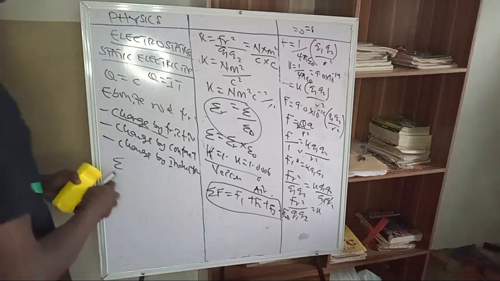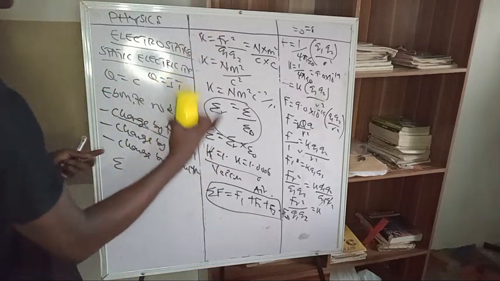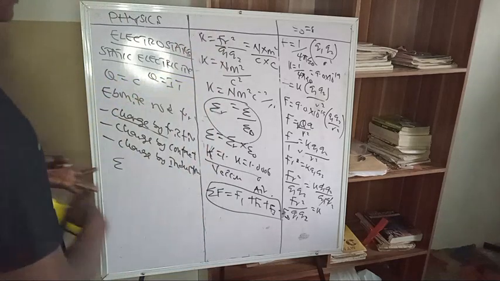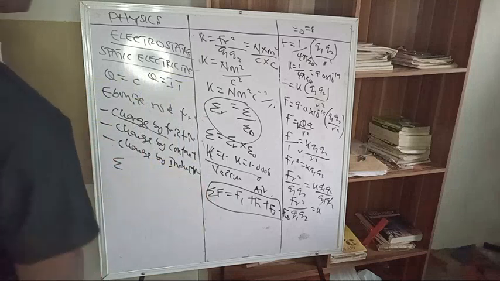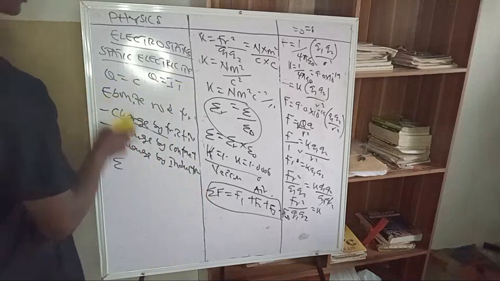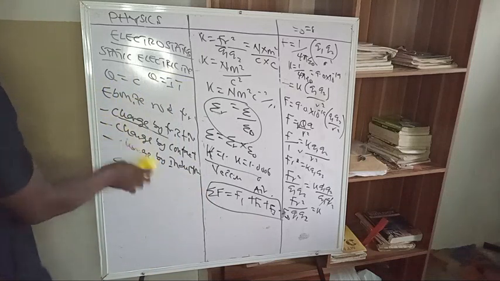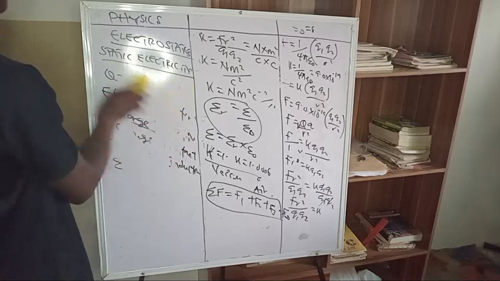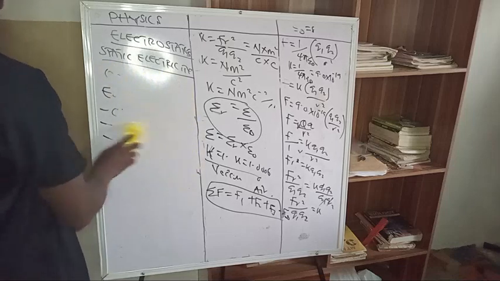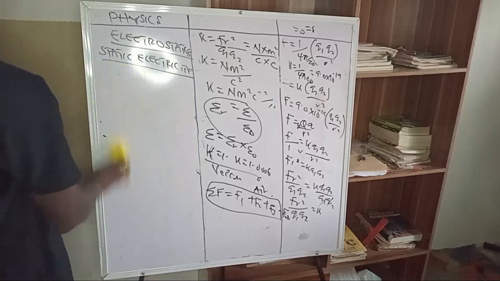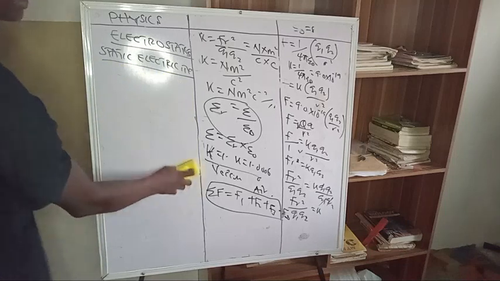I've mentioned how to determine your force, the value of K, your permittivities, your dielectric, and superposition of forces. I've also talked about the three methods we use in charging a material: charging by friction, charging by contact, and charging by induction.